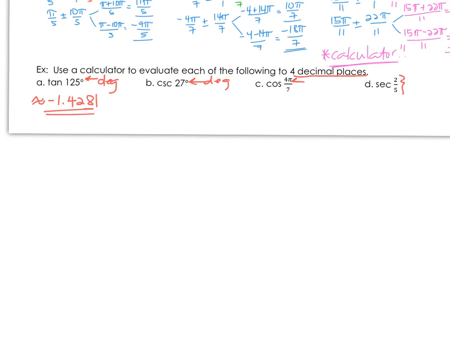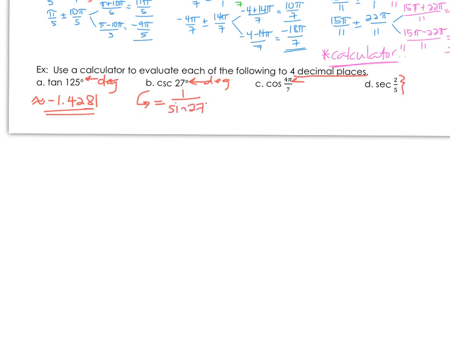Because example B, it's a little trickier. Now CSC 27. CSC is cosecant, and that's the reciprocal of sine. So we can't type in CSC on our calculator, but if we recognize the definition, CSC is the same as 1 divided by sine 27.